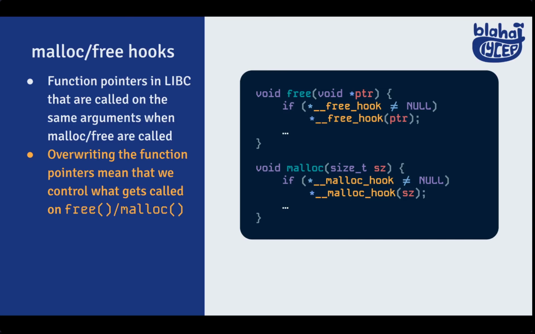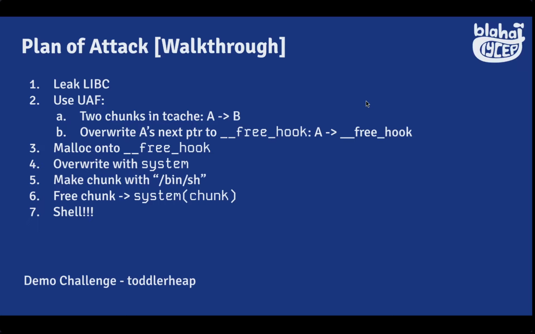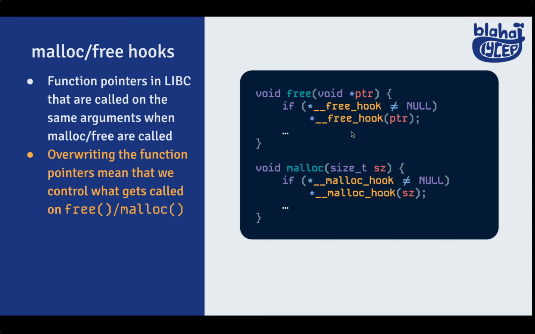And you can see there is a similar idea to the first challenge, where we're trying to overwrite an address or a pointer so that whenever this pointer is used to call something, it calls our function instead. So similar to the GOT, you basically want to overwrite this hook function pointer with whatever function we want, in this case system, right?